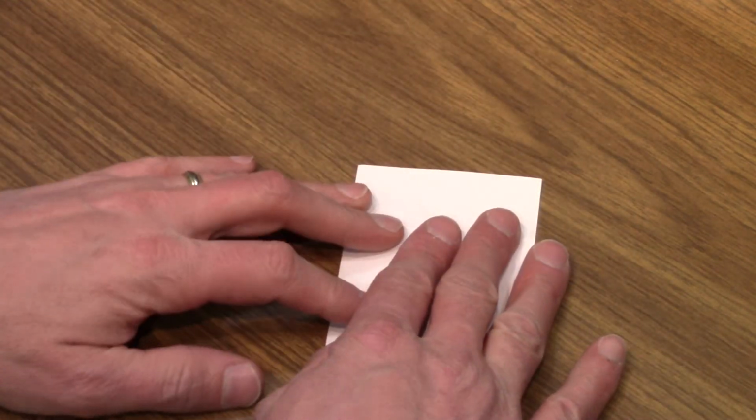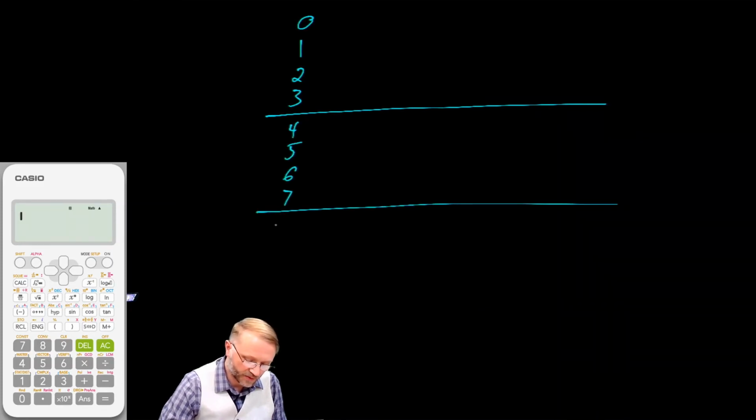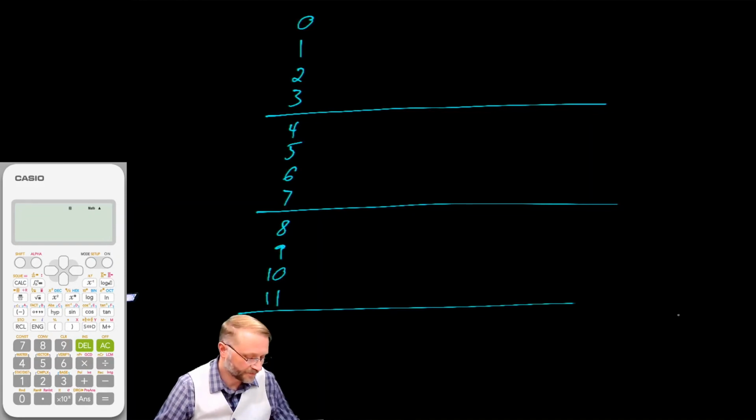And now we will do some writing. Onto the paper, you'll write numbers like this: 0, 1, 2, 3. There's the first fold. 4, 5, 6, 7. Second fold. 8, 9, 10, 11. Fold.